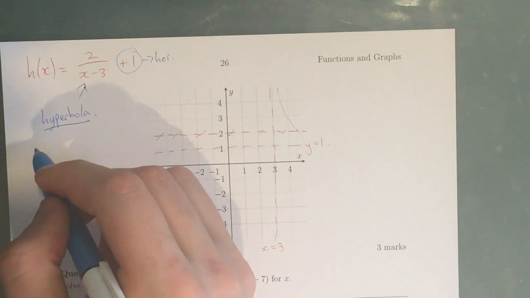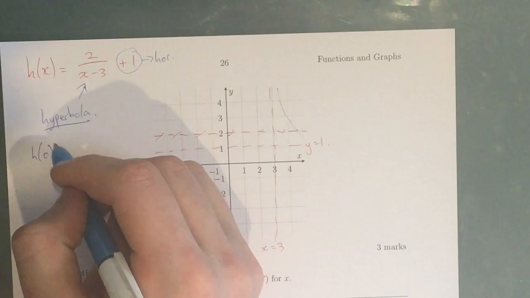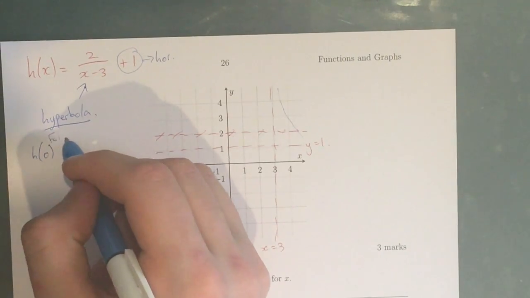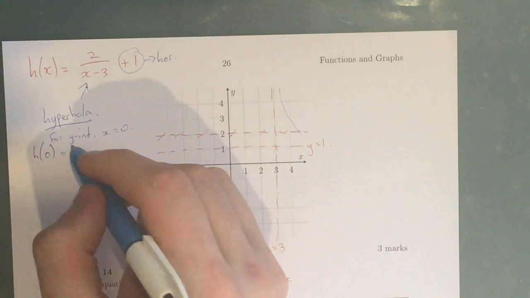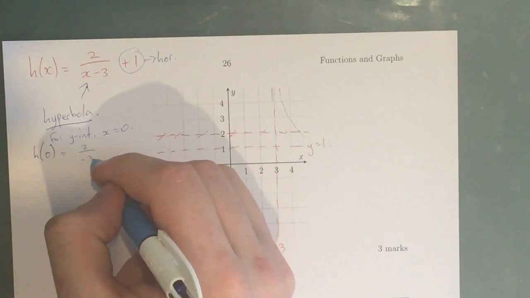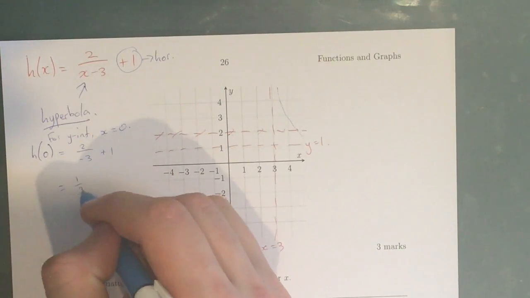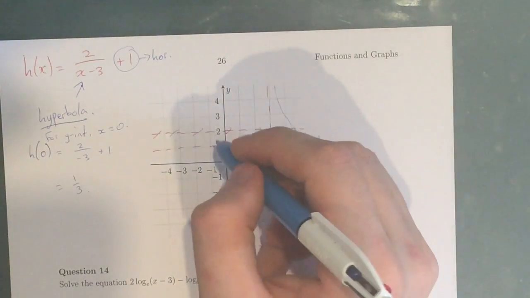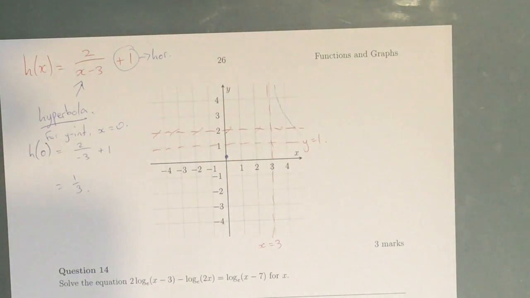Let's do our y-intercept first, where x is equal to 0. For y-int, x equals 0. h of 0 is equal to 2 over negative 3 plus 1, which equals 1 take away 2 over 3, which is 1/3. So our y-intercept is 1/3, which let's say occurs here.